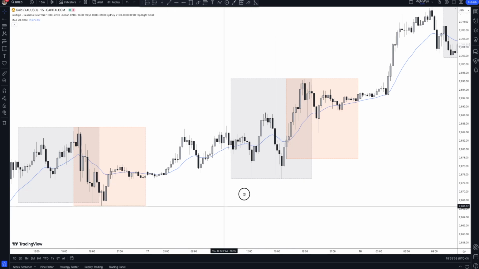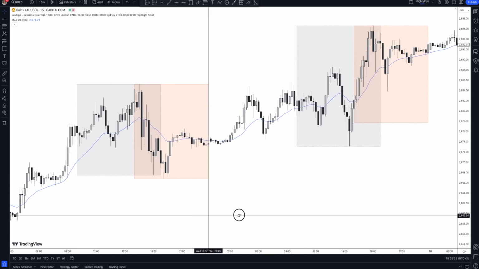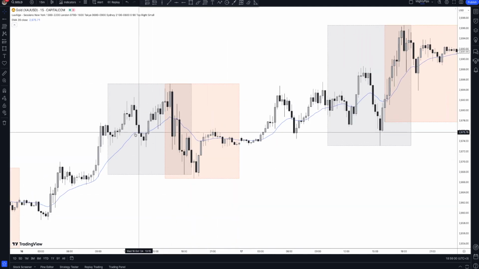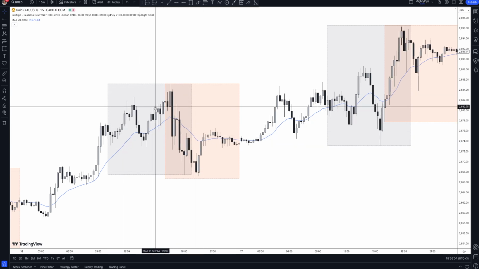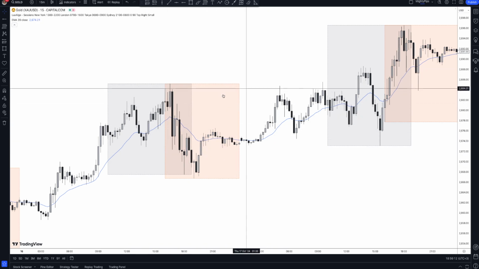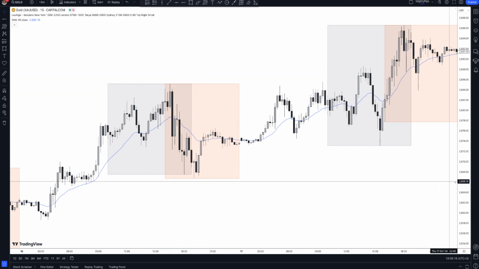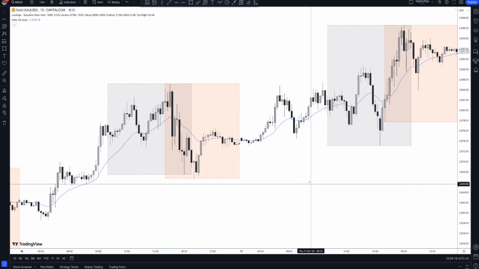Okay, so to get started, how does this strategy work? This strategy works based on the 20 period moving average, the London session, and the New York session. You can use any other indicator that allows you to see the London and New York sessions, because you want to trade within London and New York sessions so that you can have better volume within your trading.